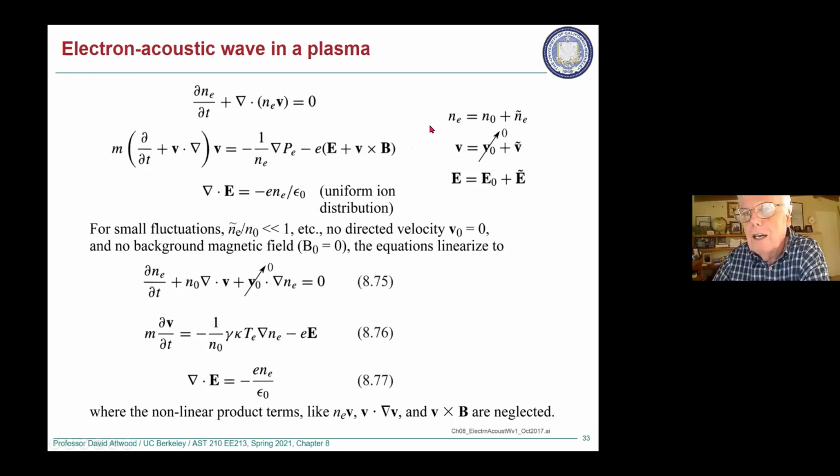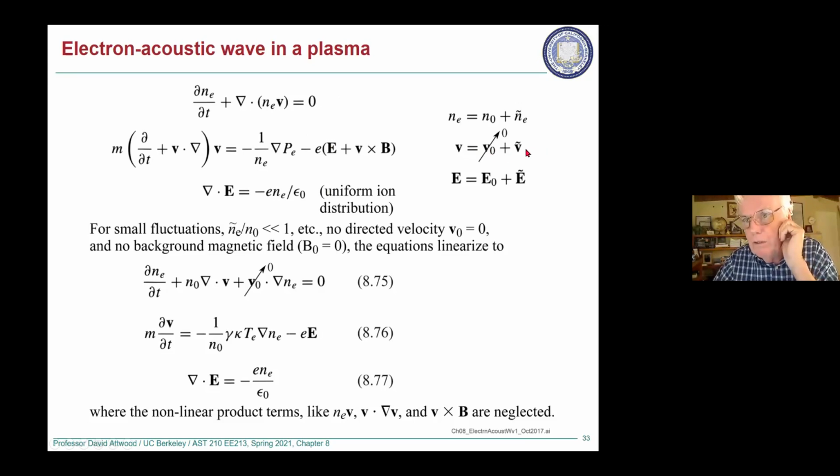So to linearize it, we're going to say that the electron density has a background density N0 plus some fluctuation. And the fluctuation is going to be small compared to N0. That's the linearization process. And the velocity is going to be broken up the same way, but we don't need our velocity to be moving on some trajectory, so we're leaving off the zero level velocity.